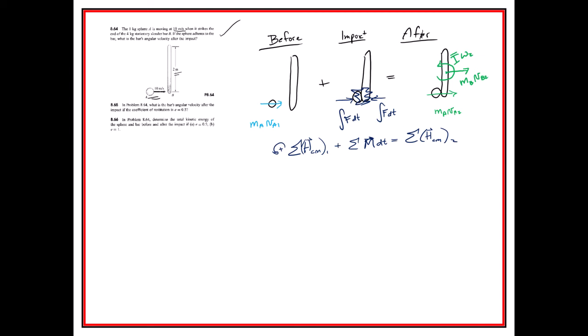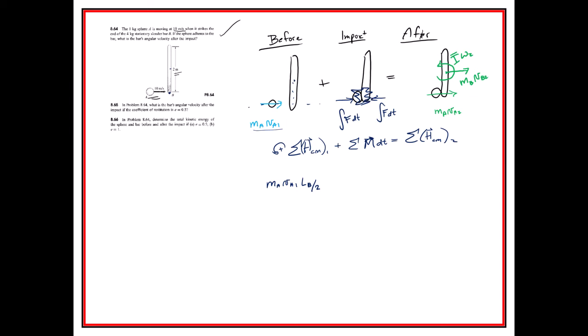So we take a look, and in the beginning we have mass of A, velocity of A1, and we're going to pretend it hits right there on the tip, so that's going to be LB over 2. It's positive because that is counterclockwise, as if it's going about the center right there.